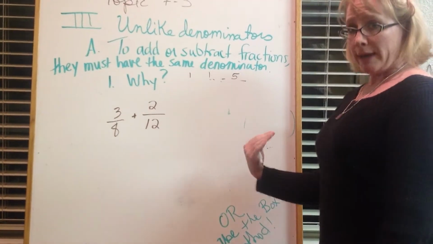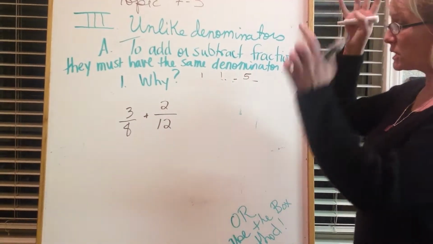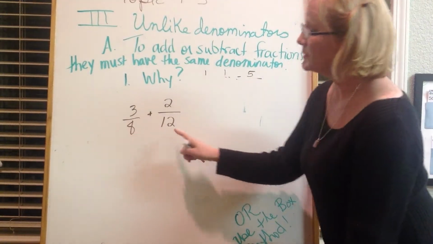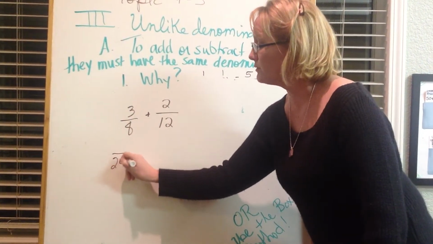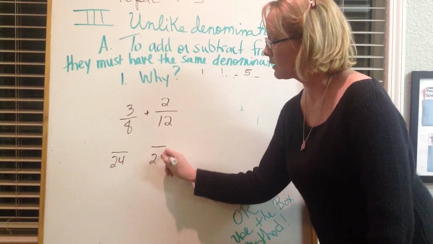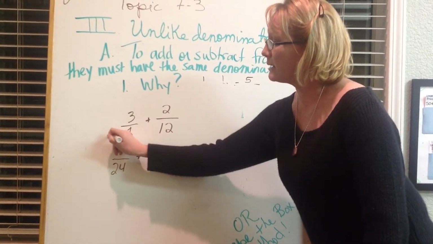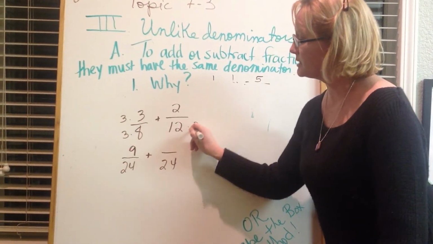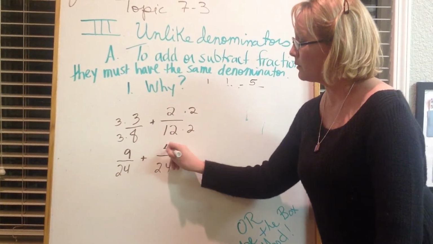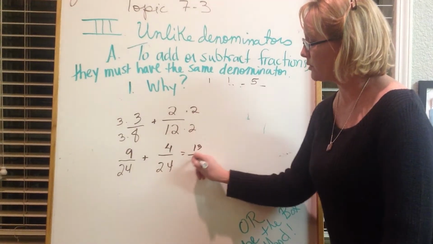Let's do our original way, so you can see the magic of the box method. Their least common denominator is going to be 24. So 24 and 24. I multiplied that by a 3 and that by a 3. I multiplied this by 2 and that by 2. When we add them together, we're going to get 13/24.